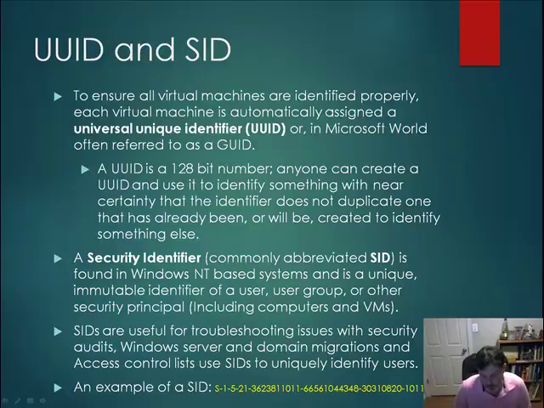Another thing you might be aware of is that if you move a VMware virtual machine, or you change the directory that a virtual machine is in, VMware is going to automatically change the MAC address of the virtual adapter for that machine.